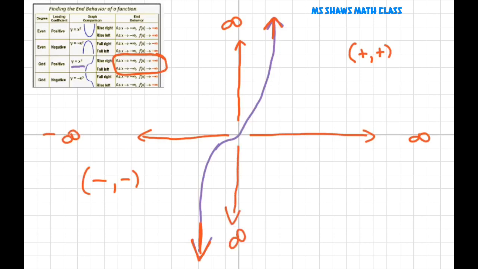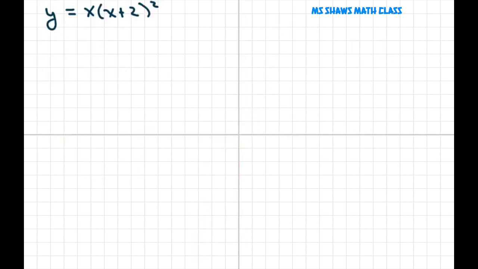All right, so let's graph this. Here's our equation. Our y-intercept was (0, 0), and we also had an x-intercept at negative 2. Now, we're going to start in quadrant 3. As I go through negative 2, I can't go through.